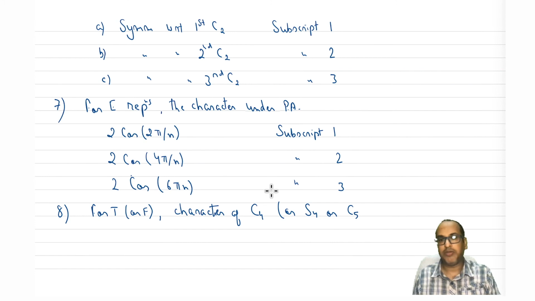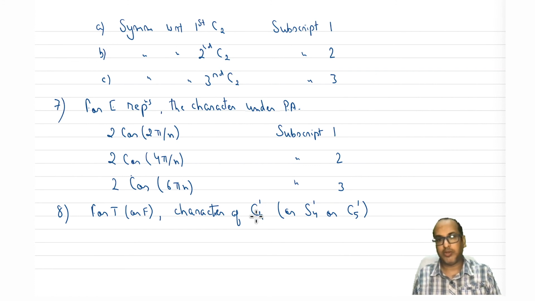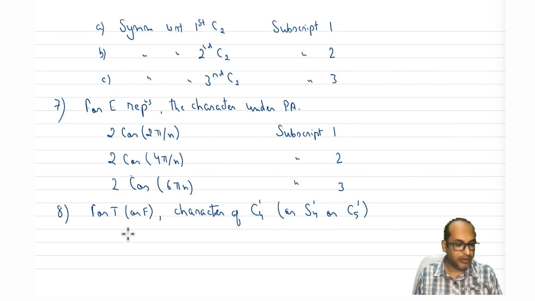So if there is no C4, then you look for S4. If there is no S4, then you look for C5. And you only look at the first operation, so you don't have to look for C4-3. So only the character under C4-1, S4-1 or C5-1.